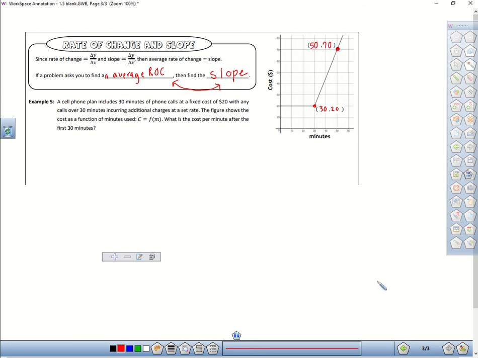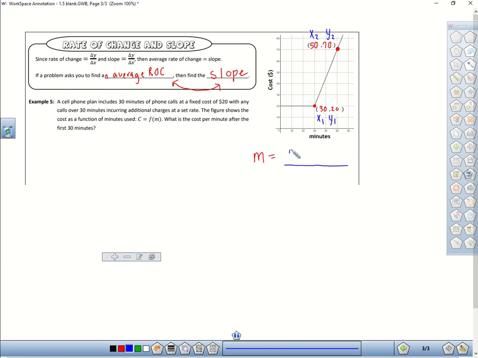So now I can determine my rate of change or slope by using the formula m equals change in y over change in x. I'm going to call this x1 and y1. I'm going to call this x2 and y2. And I'm going to plug in and evaluate.